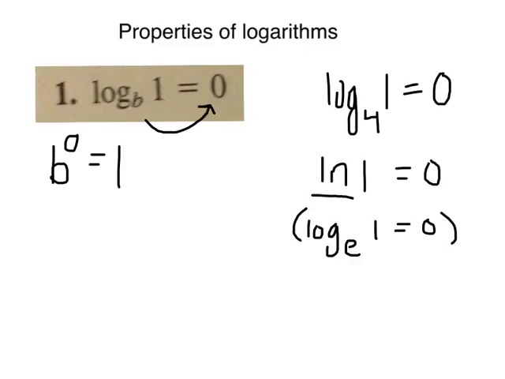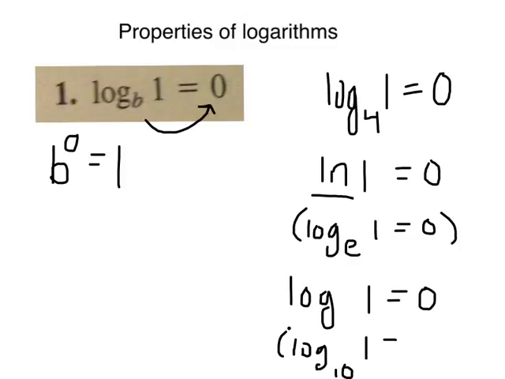Or if I have log with no base written of 1, that equals 0 as well. Log with no base written means log base 10 of 1. So it doesn't matter what the base is. If 1 is in this position, the whole expression will always equal 0.